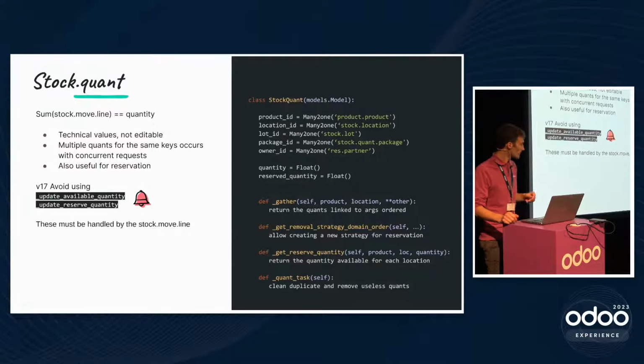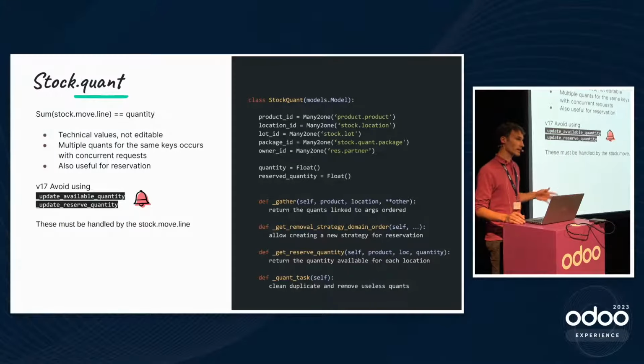And the last one is a method that is regularly called by a cron, or when you open some reports, to try to diminish the number of stock quants as much as possible.